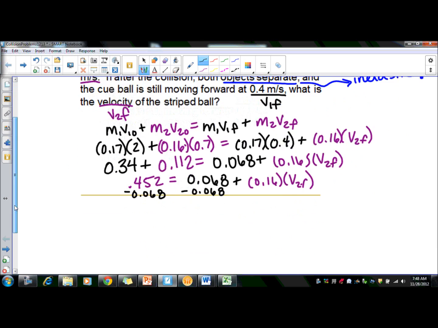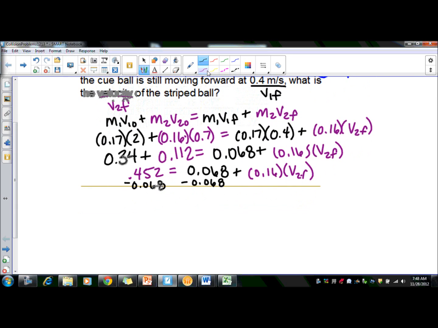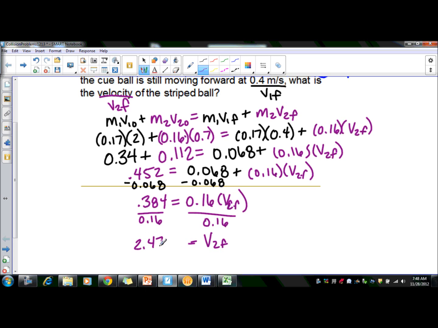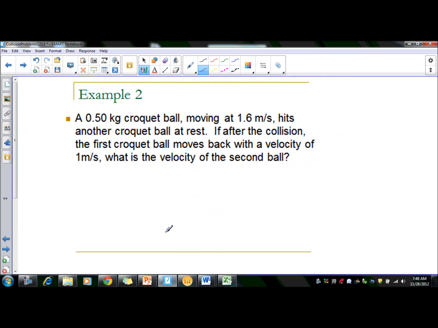And so here we get 0.384, and that's equal to 0.16 times V2F, and then we divide by 0.16, and we get a V2F of 2.475 meters per second.